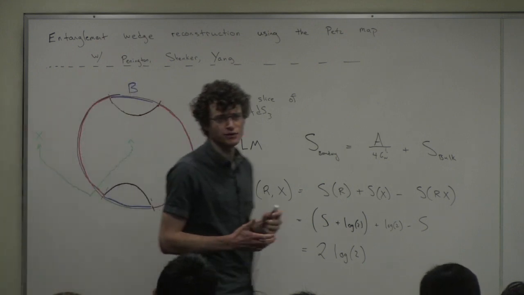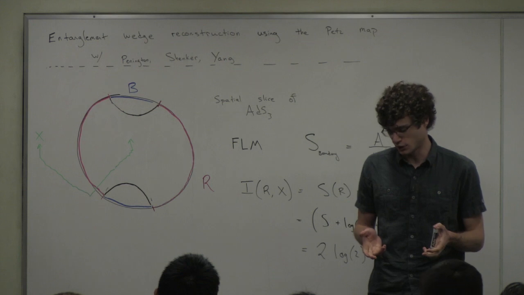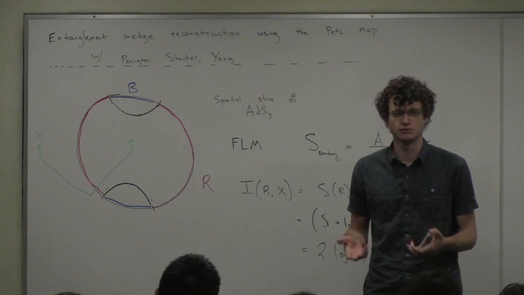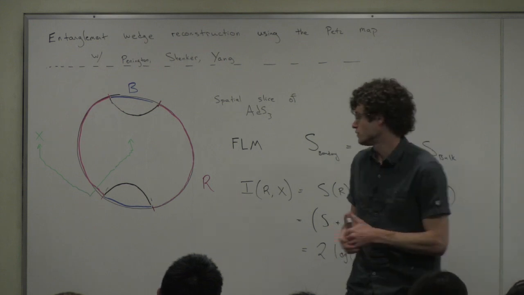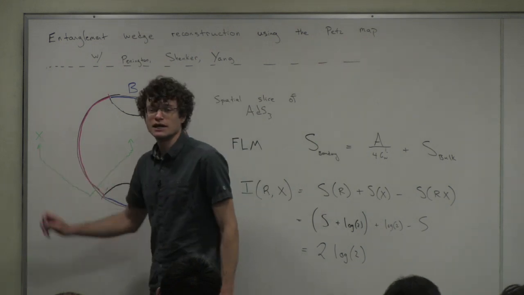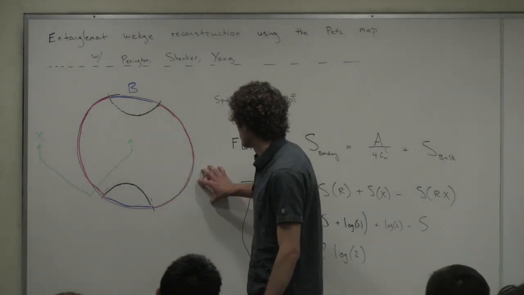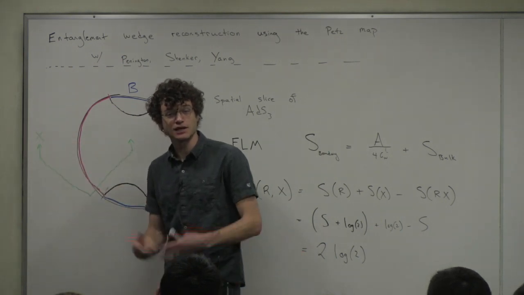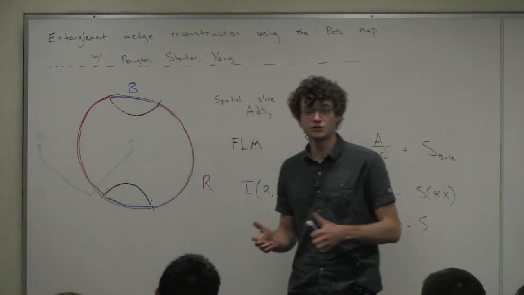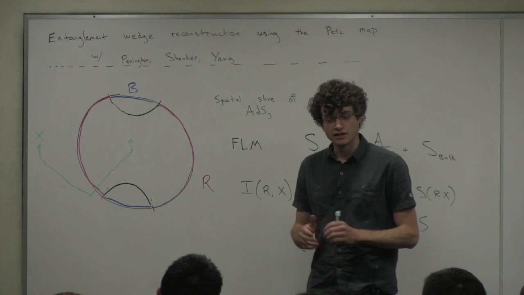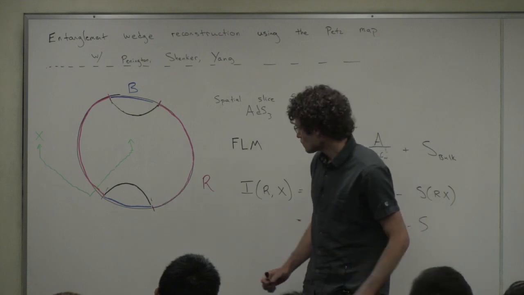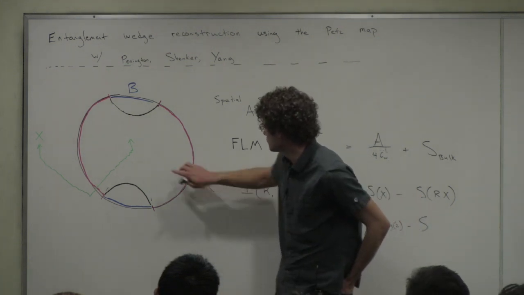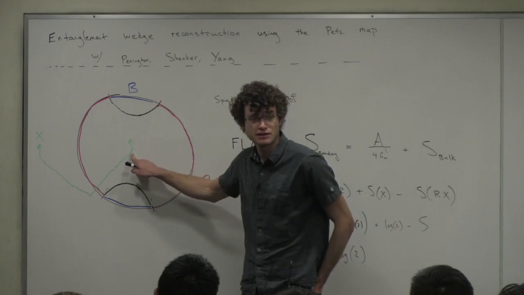In making this statement, we relied on some quantum information statements, though it's not very hard to prove. In particular, that the maximal mutual information implies that R contains a purification of that system. So that's some quantum information fact I'm not going to explain. It's not very hard to prove, but it's true. And given that statement, we conclude that the R system does contain this qubit in the center of the space.